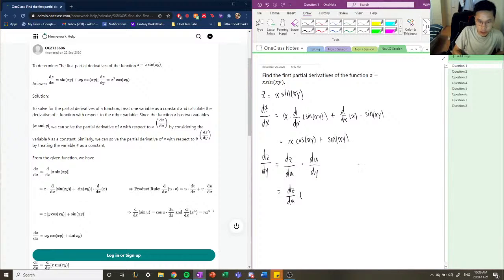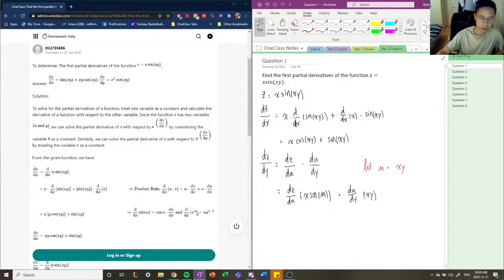Let u equal x times y. So if u equals x times y, we have dz of du of x times sine of u, and then we multiply that by du of dy of xy.